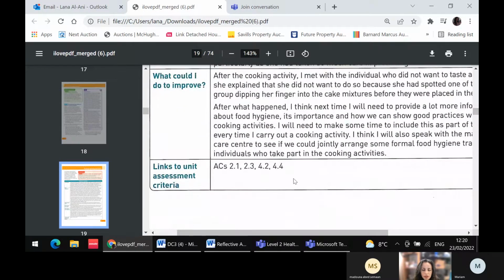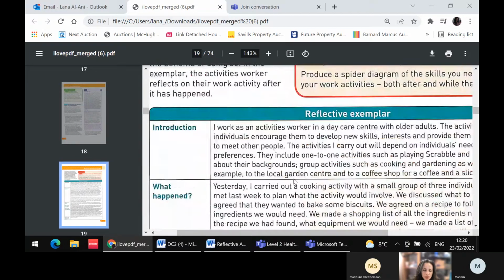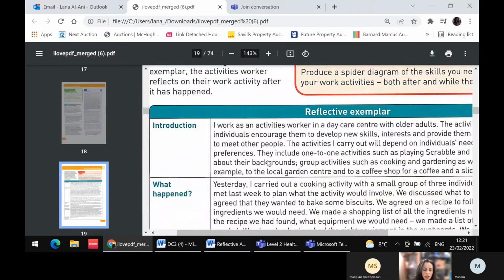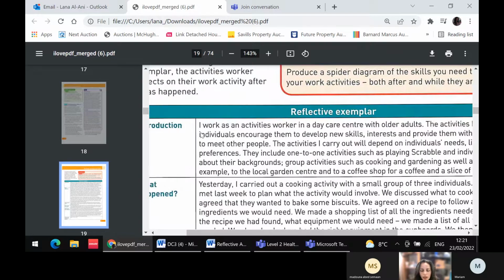And also, okay, so for me as a reflection example, I would say as a care worker, I work as an activities worker in a daycare center with adults.